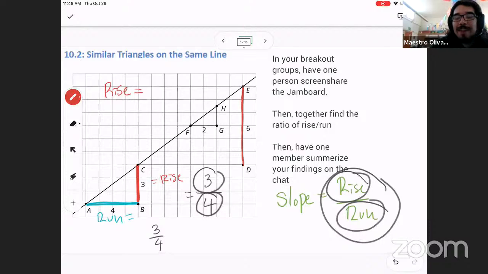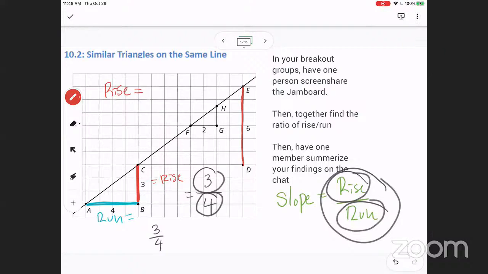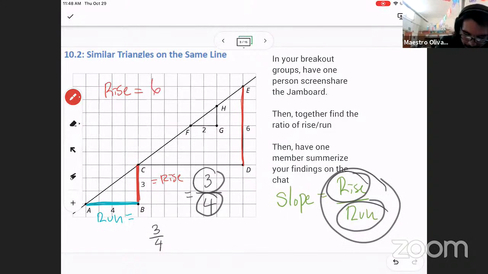Norlin, ¿cuánto mide ese lado? Okay. Edgar, can you unmute your mic and tell us what it measures? 6. Thank you. So the rise is 6.